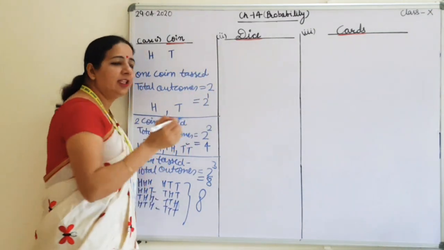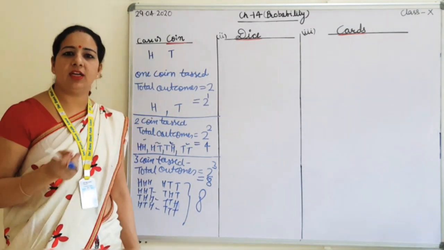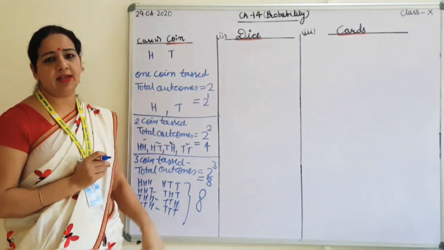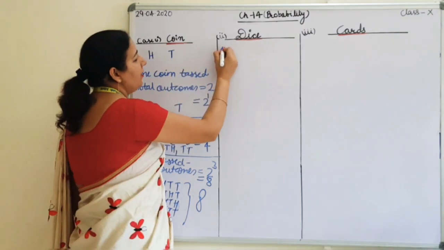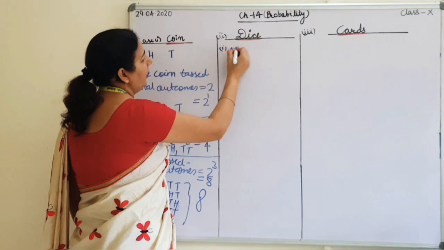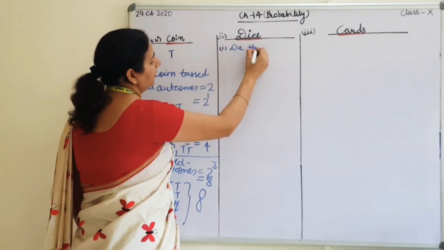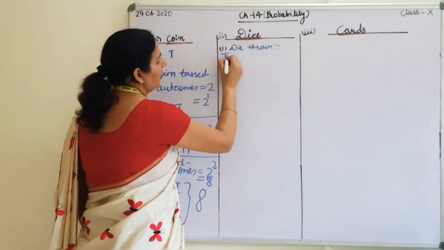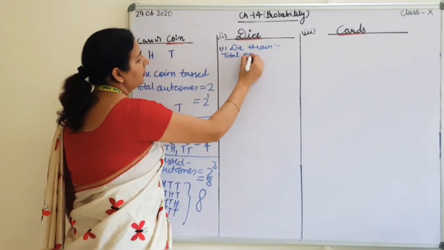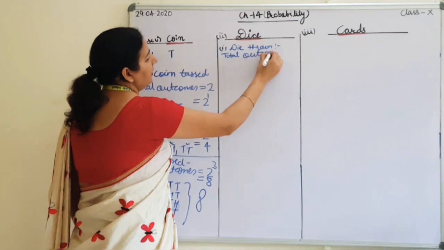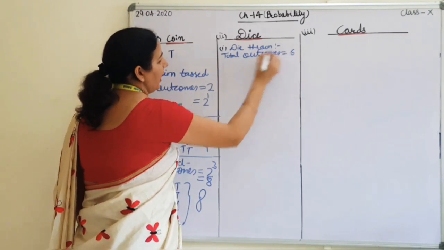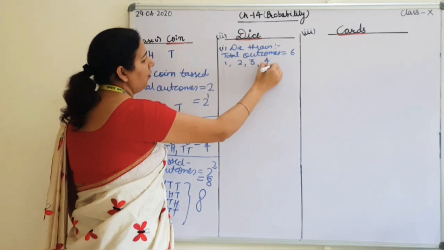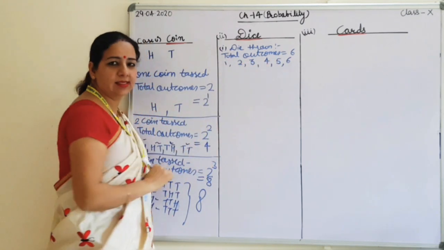Dice means, as you play Ludo and face one die, the same we calculate in maths also. So if one die is thrown, then the total outcomes will be 6, and they can be 1, 2, 3, 4, 5, 6.